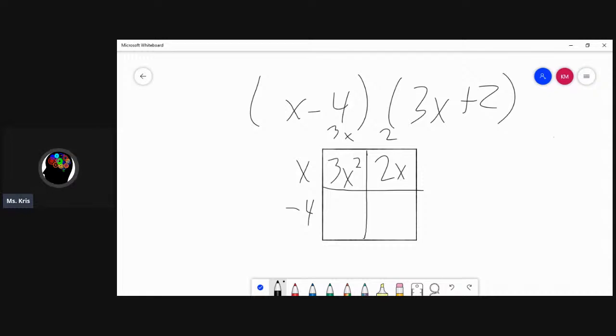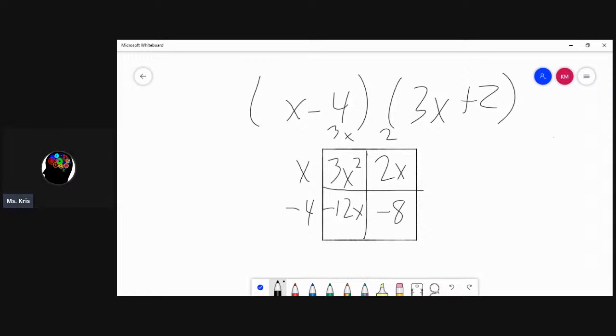Number times a letter, still a number times a letter. Now, you have negative 4 times 3x. That gives me a negative 12x. Negative 4 times 2. That gives me a negative 8.